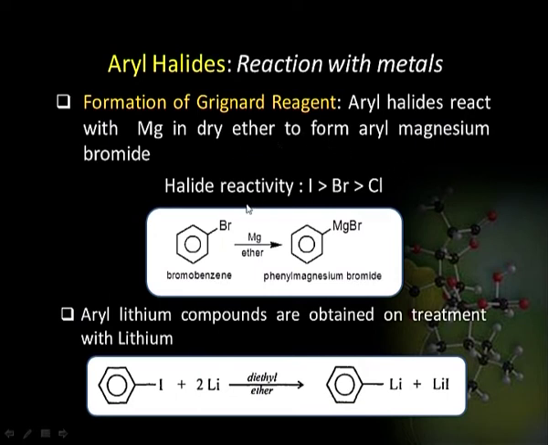The halide reactivity goes in this order, that iodide is the most reactive and chloride is the least one. Bromobenzene reacts with magnesium in ether and forms phenyl magnesium bromide. Aryl lithium compounds are obtained on treatment with lithium. Iodobenzene reacts with lithium metal and gives phenyl lithium.